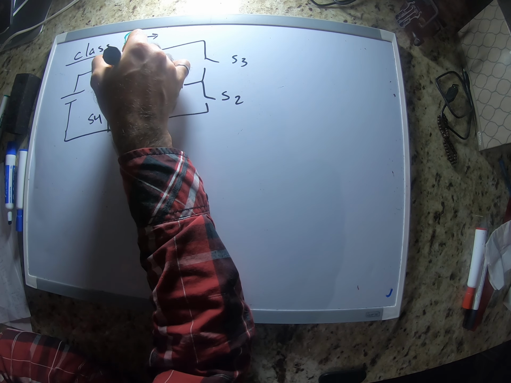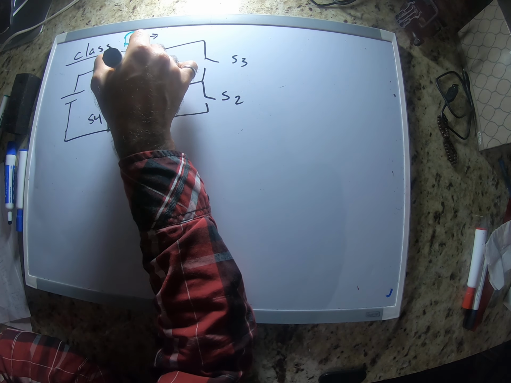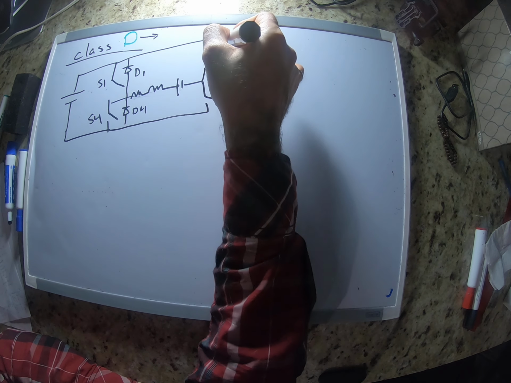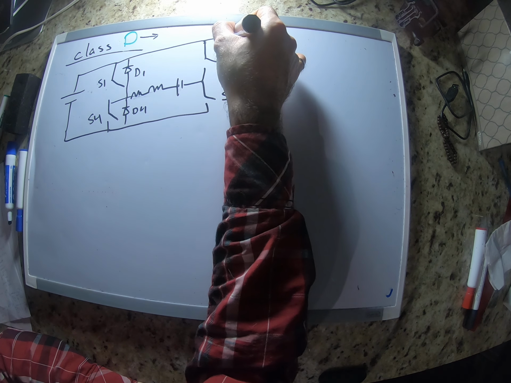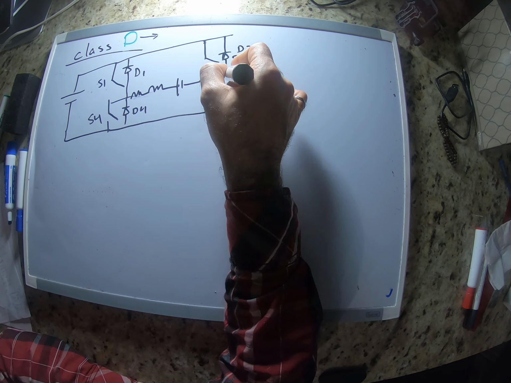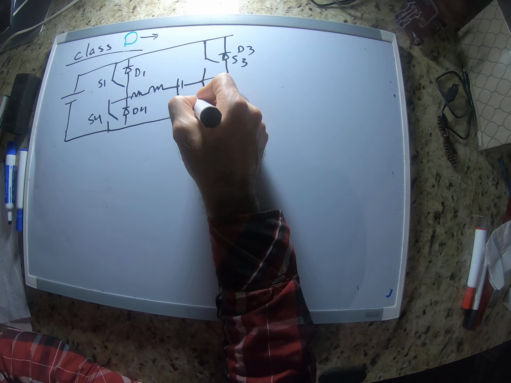Okay, here we also have a diode D1, D4, D3, and D2.